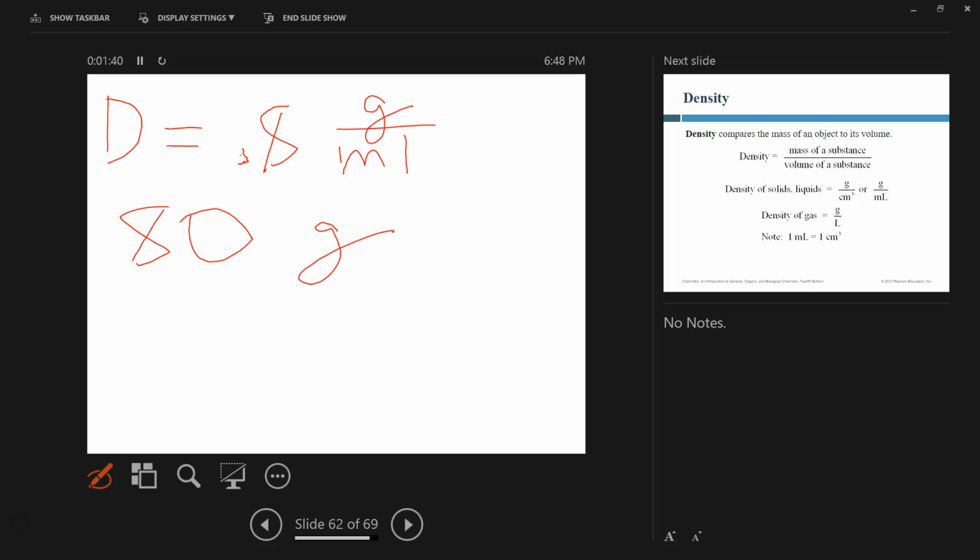Yes, M is mass. Is the equation D equals M over V, for density? Yeah.